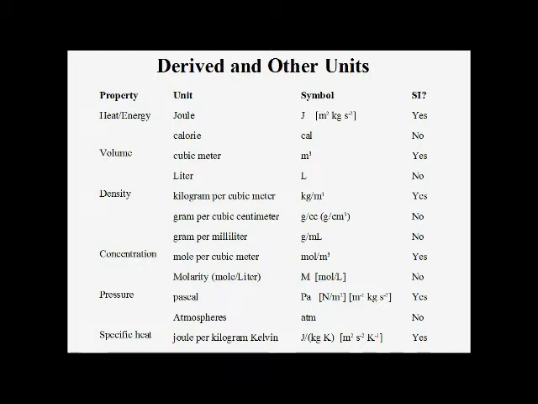For gas pressure, we will use a variety of things. Our most commonly used pressure would be the atmosphere, abbreviated atm. The SI unit would be the pascal. A pascal is a newton per meter squared.